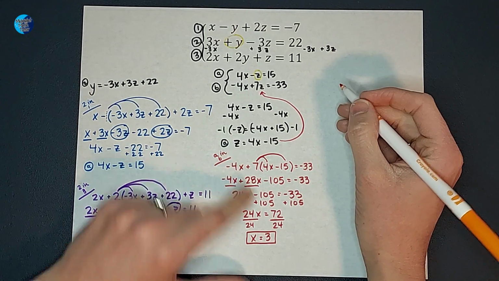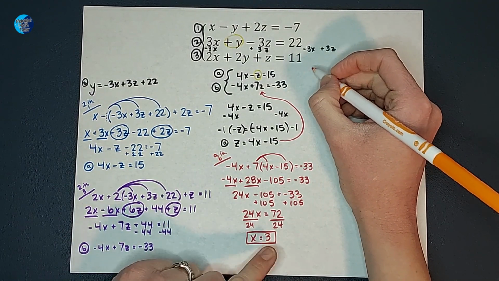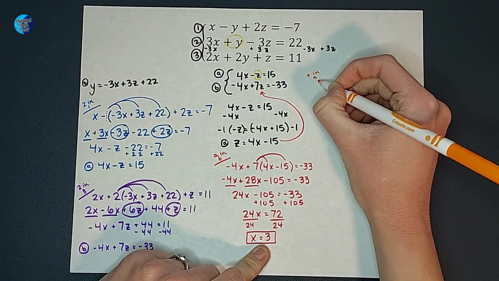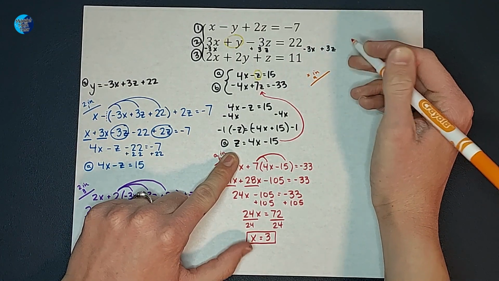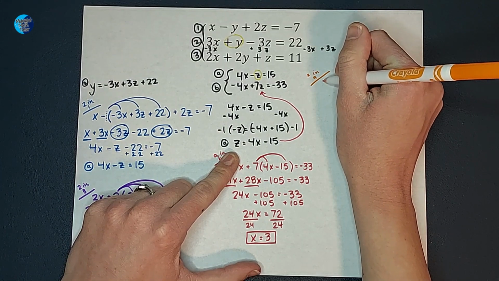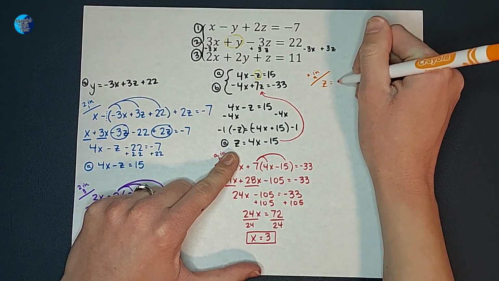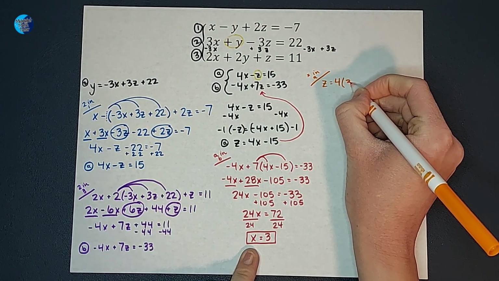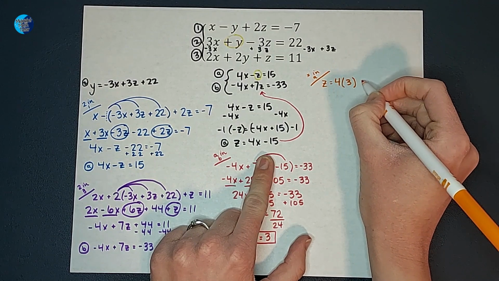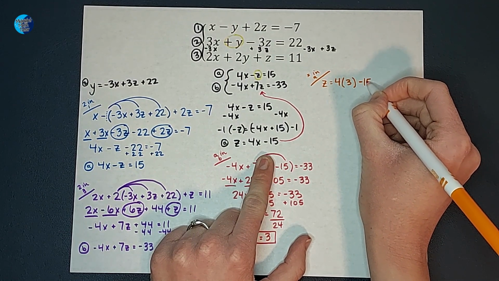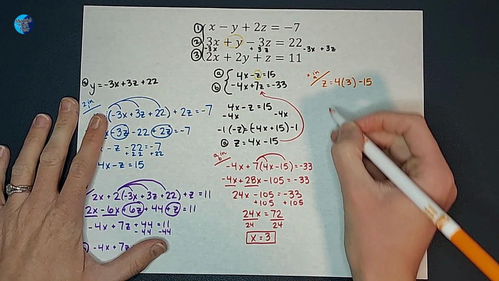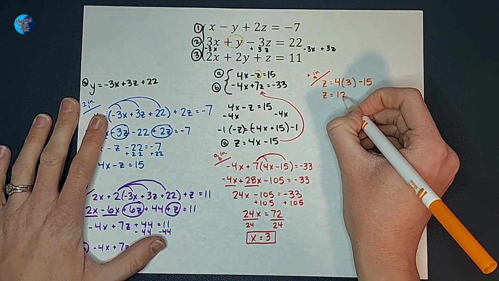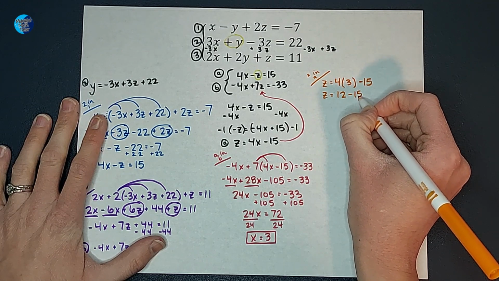I am plugging X into A, right? This one. So I'm going to get Z equals 4 times X. Guess what? We figured out X is 3. Minus 15. All right. So when I do that, Z equals 4 times 3 is 12 minus 15.